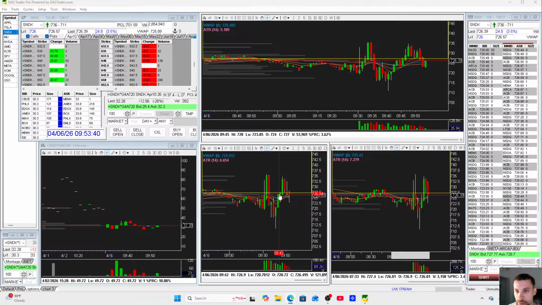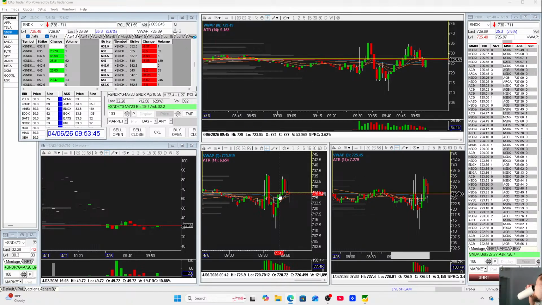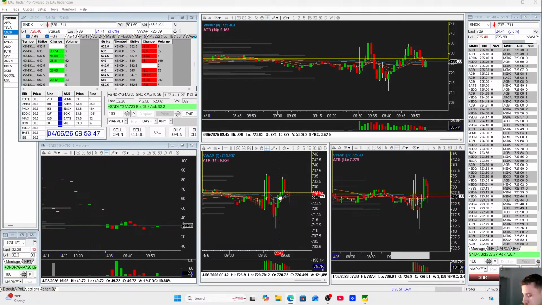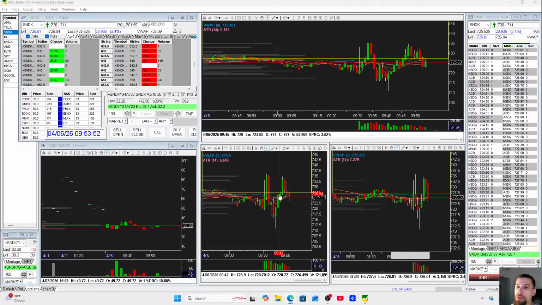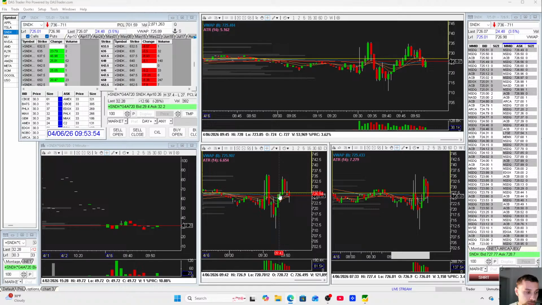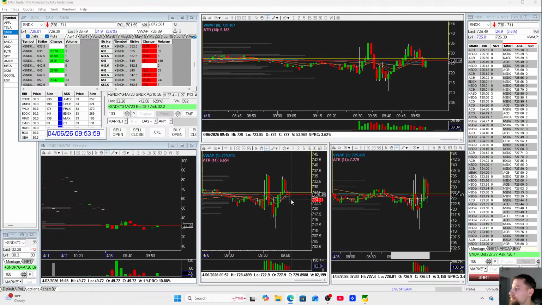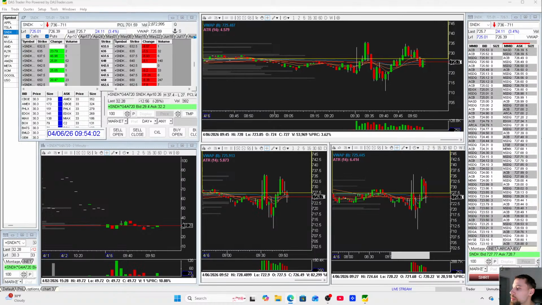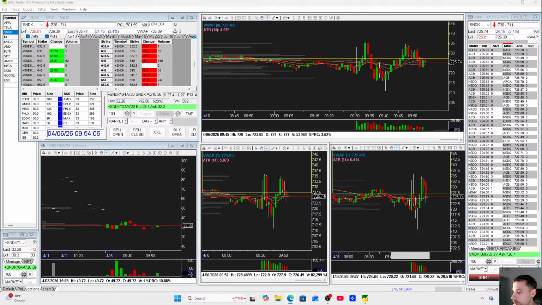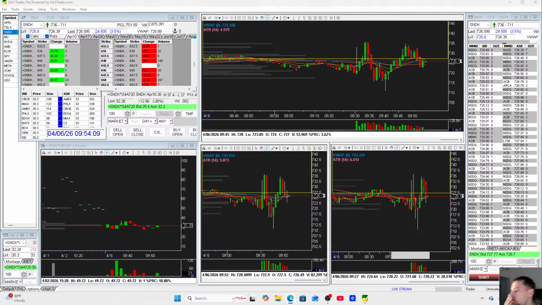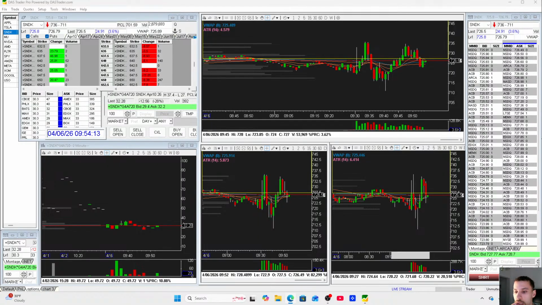SPY's testing the box here. Q's breaking out of the open range that it's been stuck in.